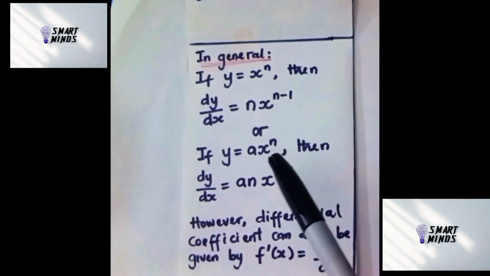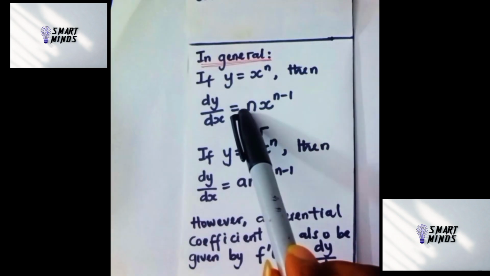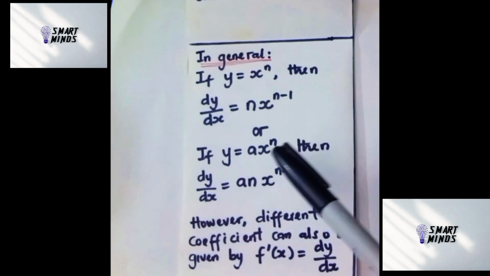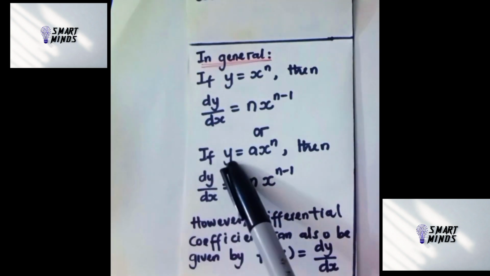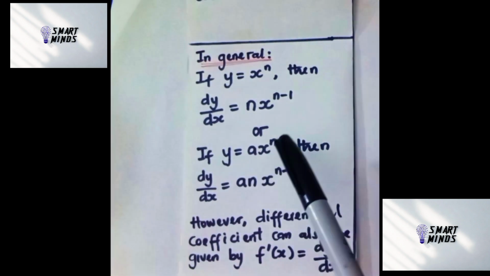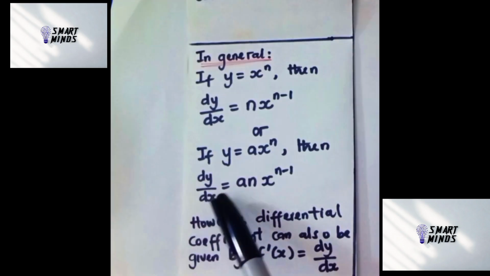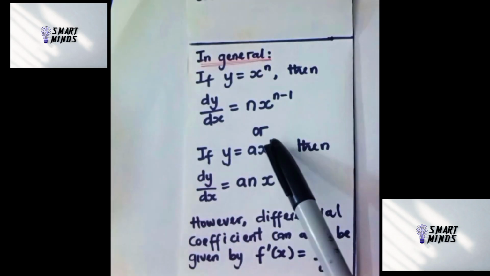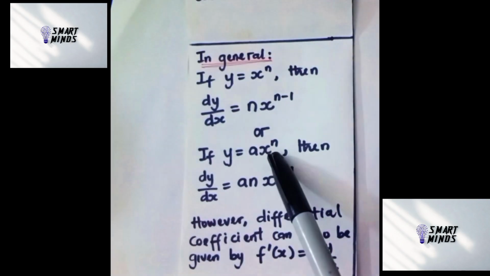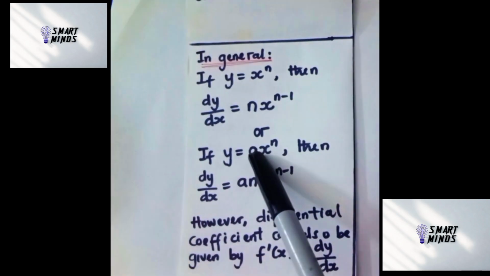Also, if the coefficient of x is not 1, maybe any other number apart from 1, then you are going to apply it in this form. If y equals a x raised to the power n, then dy dx is given to be: you multiply n by a, the coefficient of x, and here the coefficient is not 1, it can be any other number apart from 1.